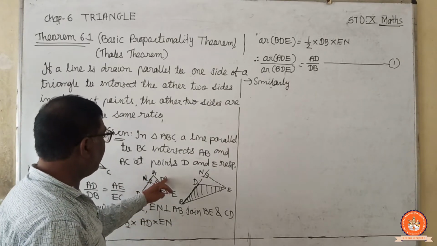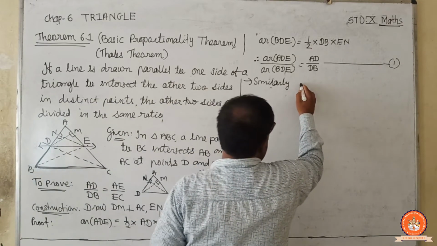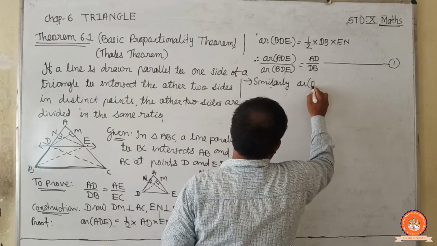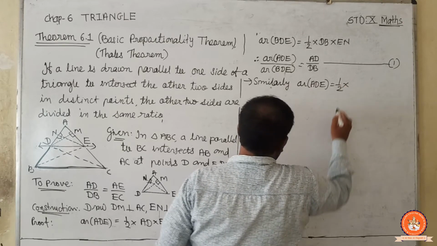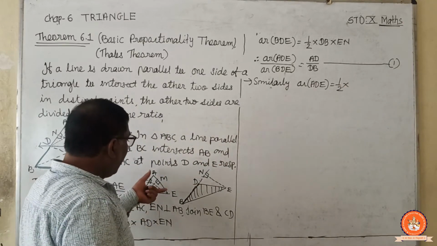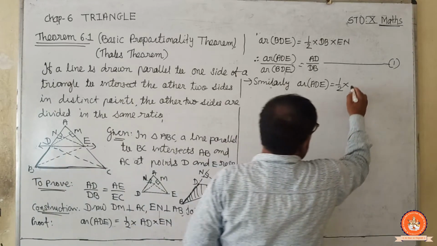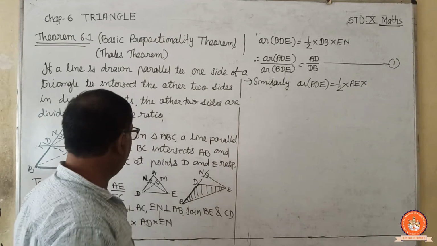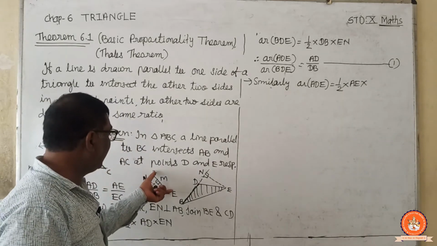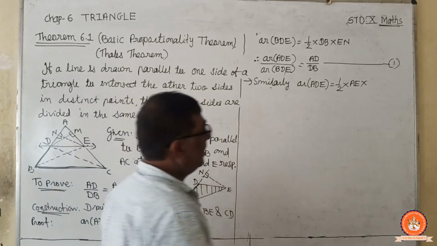Now DM is altitude, so area of ADE can be written as half into AE, the base, and the corresponding altitude to AE is DM.